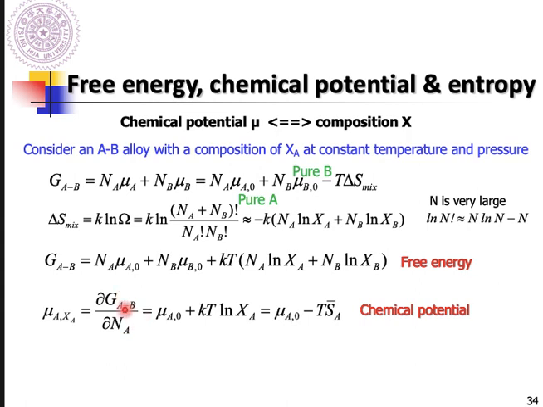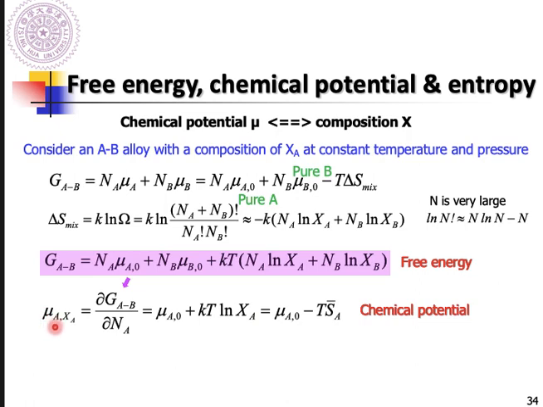So we directly take the partial derivative of this term with respect to NA. You will get the term mu A0, and this term will be KT log XA. So you got this result, which is quite important.